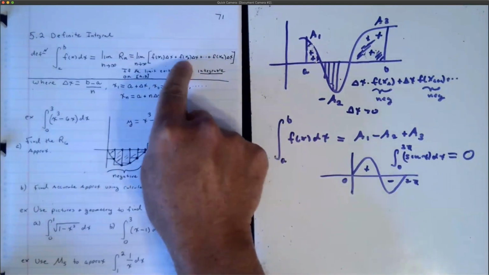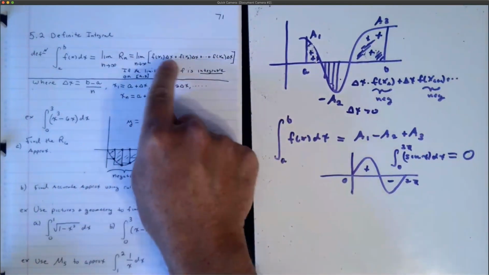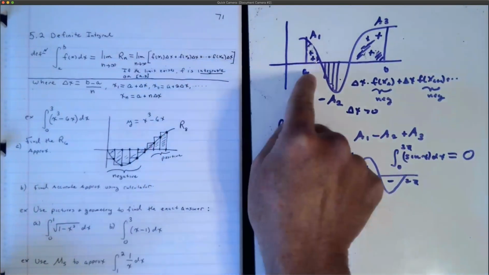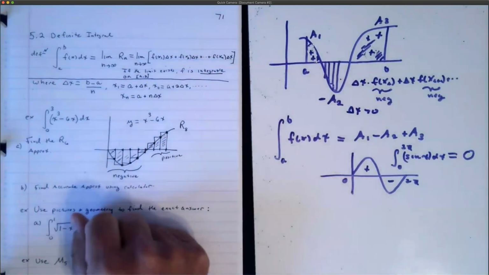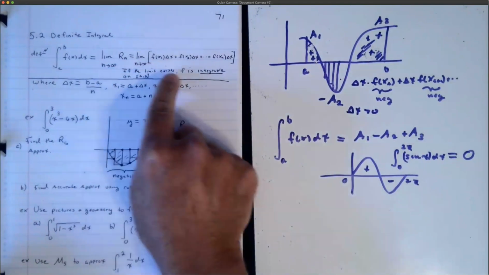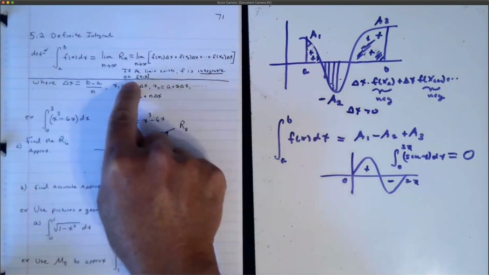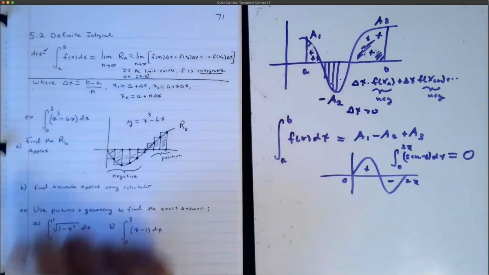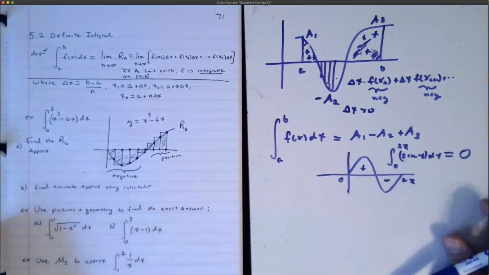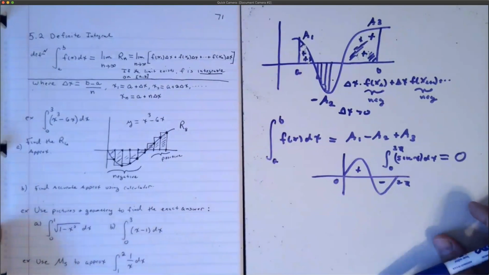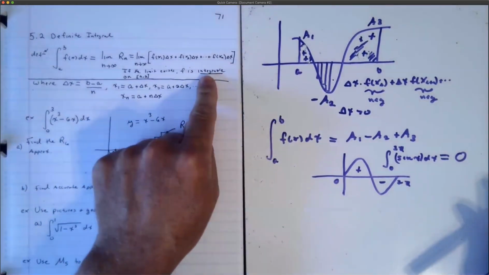But just keep in mind that some of these heights could be negative. And if this limit exists, we say that f is integrable on the interval from a to b. So we're going to be exclusively looking at functions that are integrable.